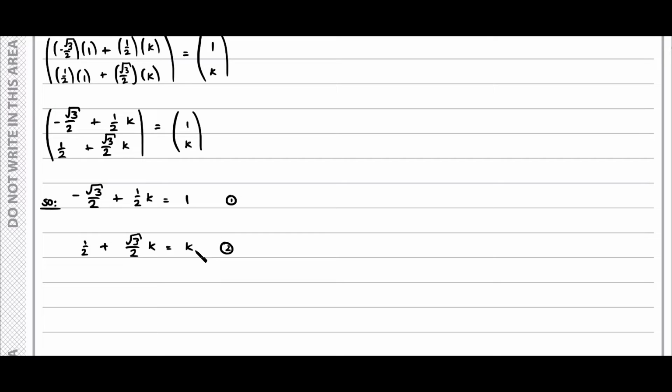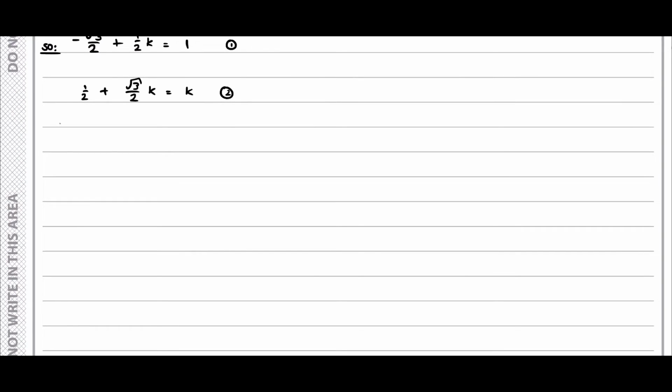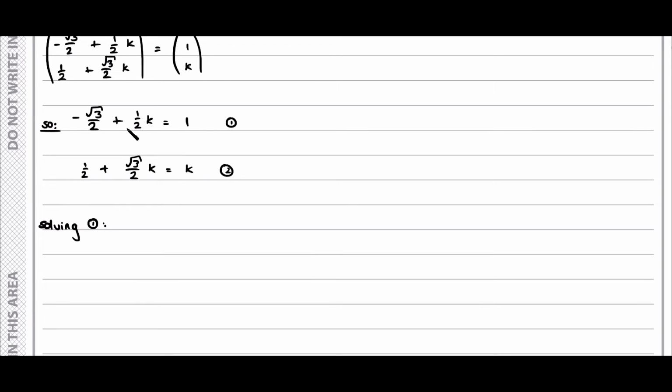So if we solve equation 1, if we add root 3 over 2 to 1, we have a half k equals 2 plus root 3 over 2, and you can try that on your calculator, from which we see if we multiply by 2, k is equal to 2 plus root 3.